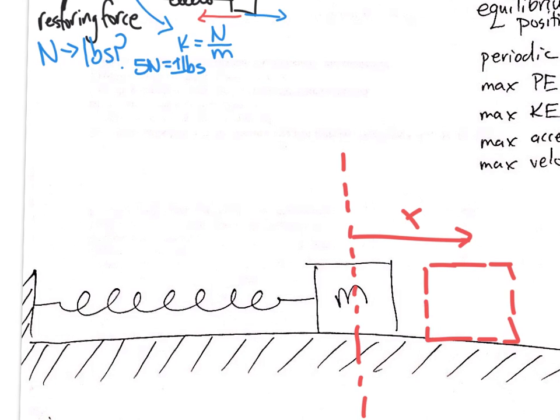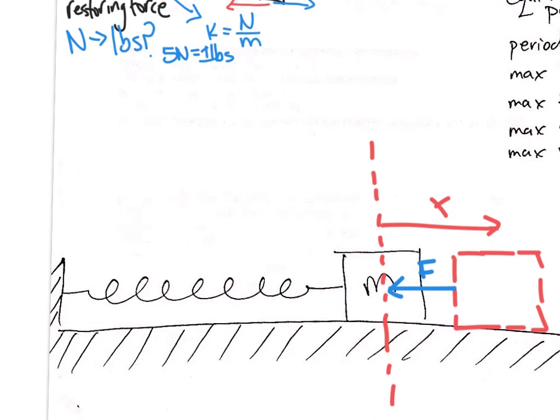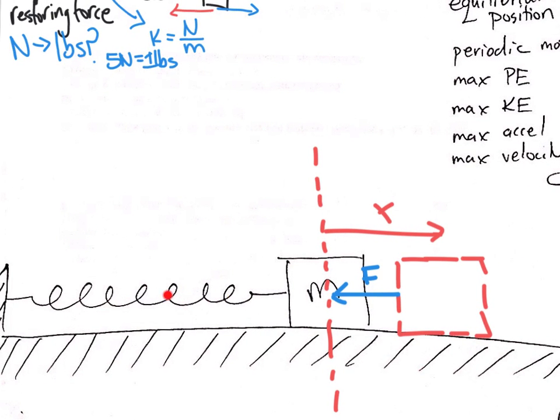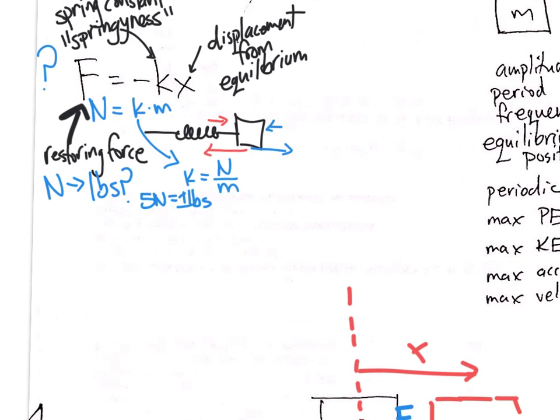so we have some displacement. We know that there would be a force in this direction, restoring it to its equilibrium position, and that would be the pull of the spring that we could calculate using this formula.